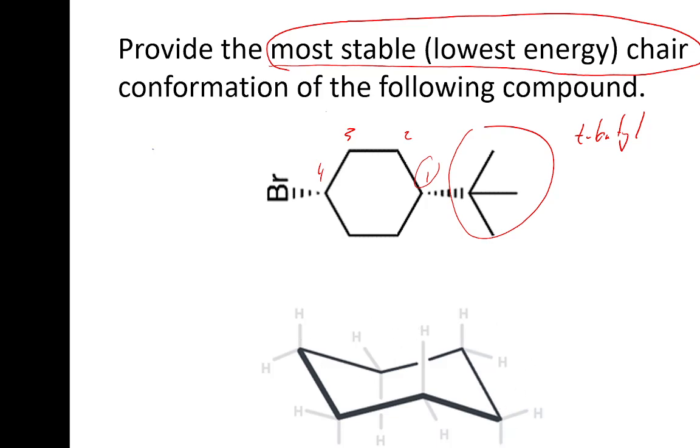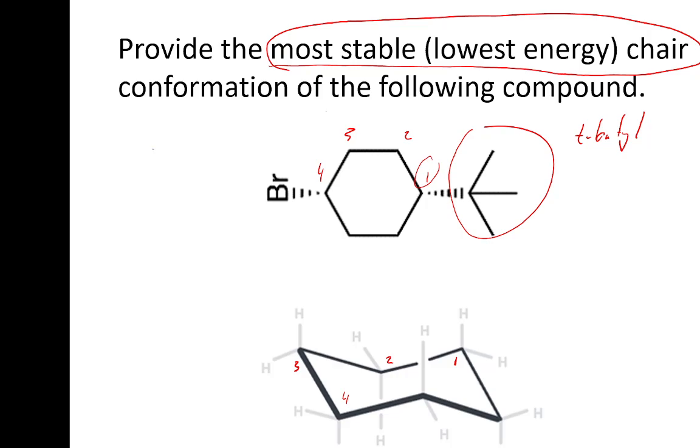So we don't have to number the chair to match how I've numbered the planar structure. I can start at a different carbon. So for instance, if I start here, let's say that's carbon 1, carbon 2, carbon 3, carbon 4. So you can start at any spot.